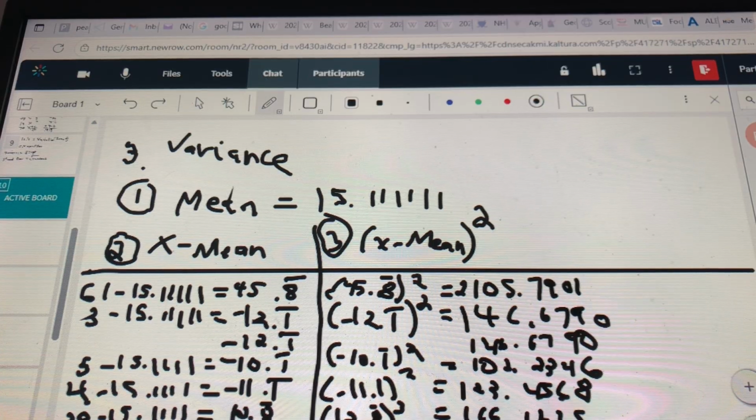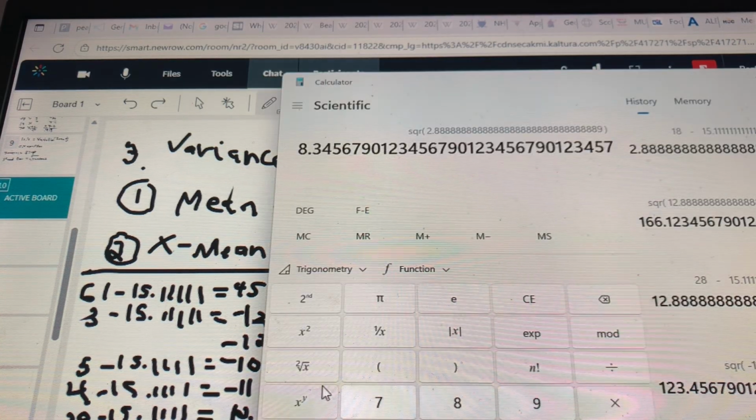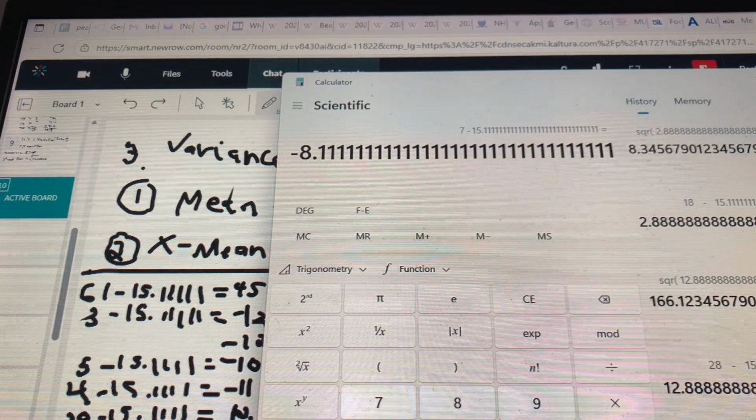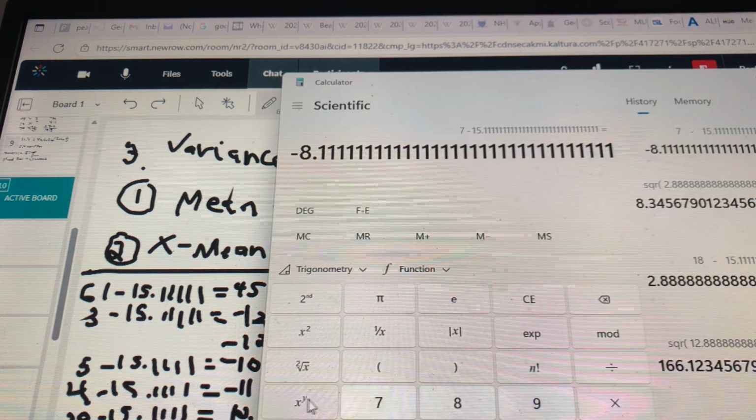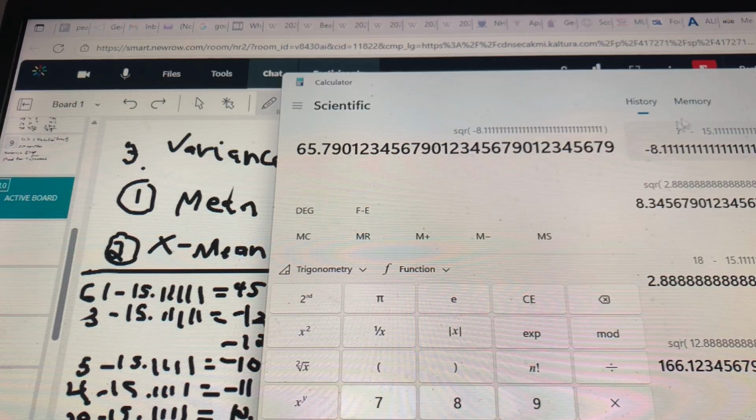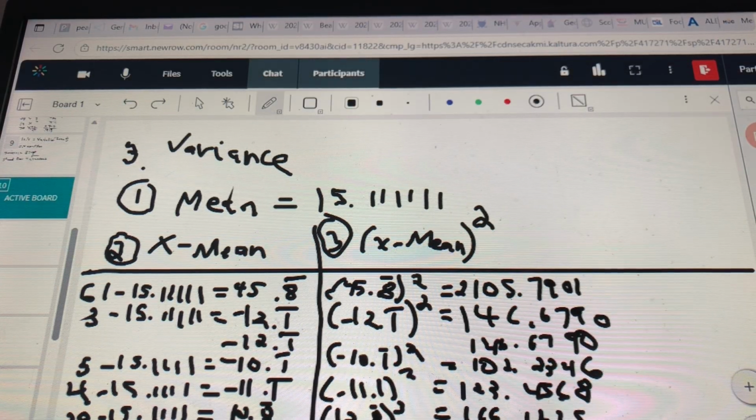And then the last two are both 7, so whatever one of them is, the other one's going to have the same answer. 7 minus memory recall is negative 8.1 repeating. So there'll be another negative 8.1 repeating down here, but I just have to do it once this way. So square it. 65.7901. And then this will have the exact same answer.